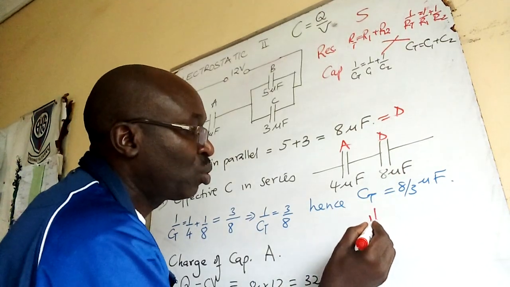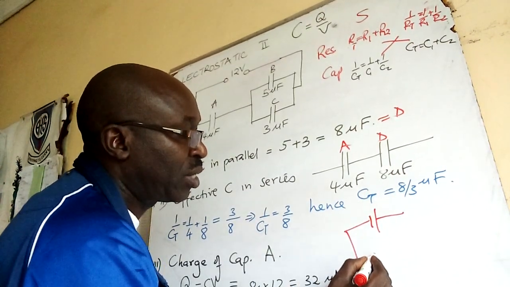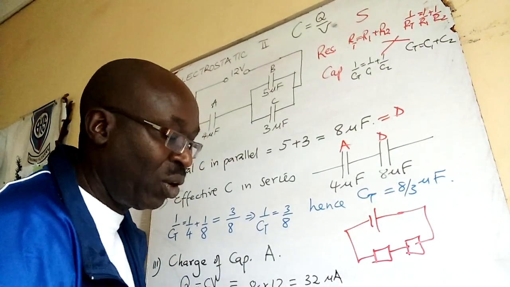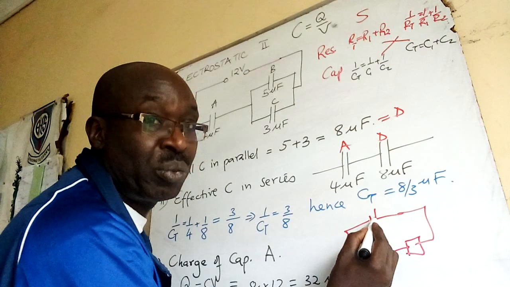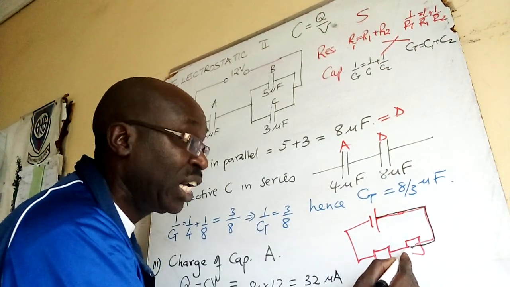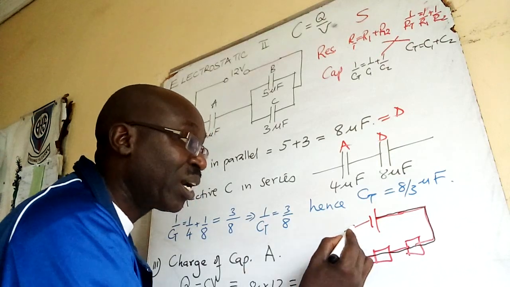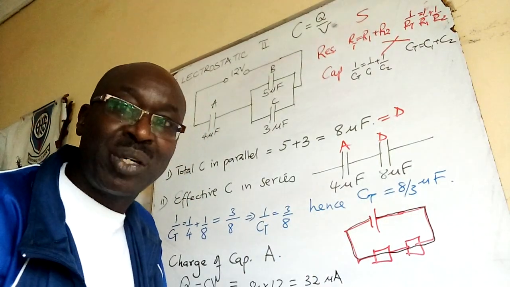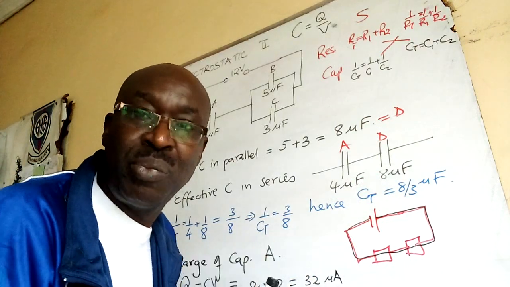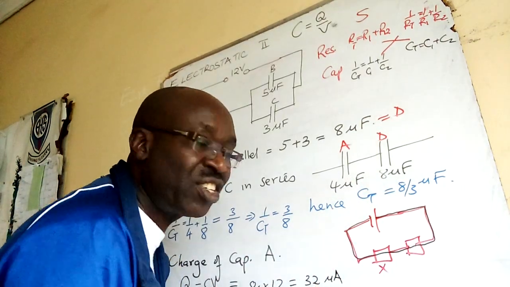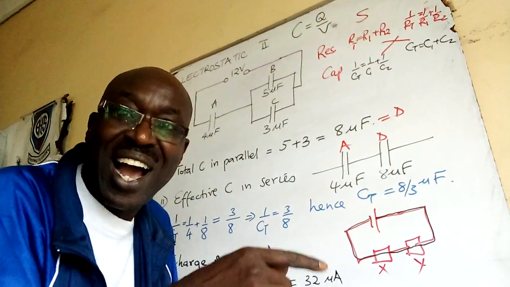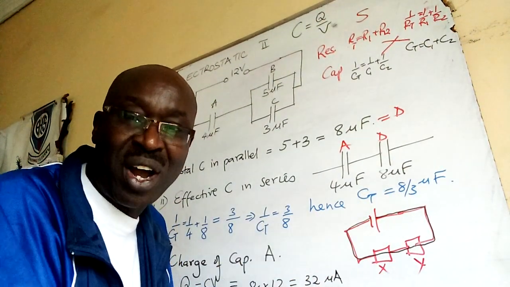If I have this source and I have a resistor here and I have another one here, the current from the source is the same which will flow there, is the same which will flow here, and back to the source. But we don't ask you the current flowing. We ask you what is the charge in X, or what is the charge in Y.